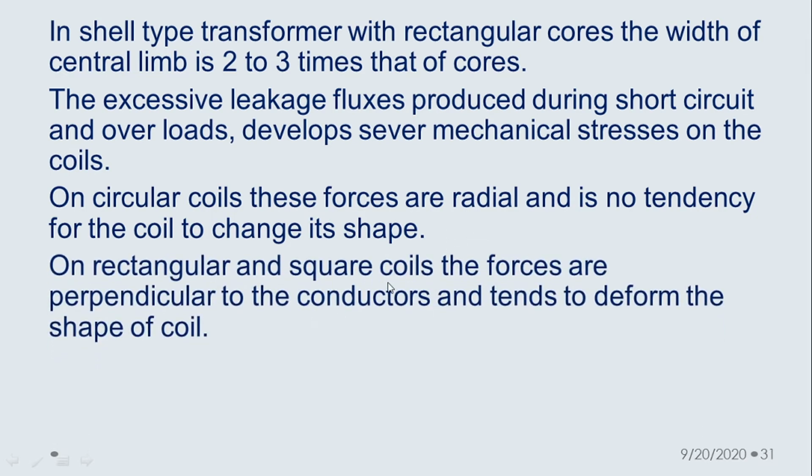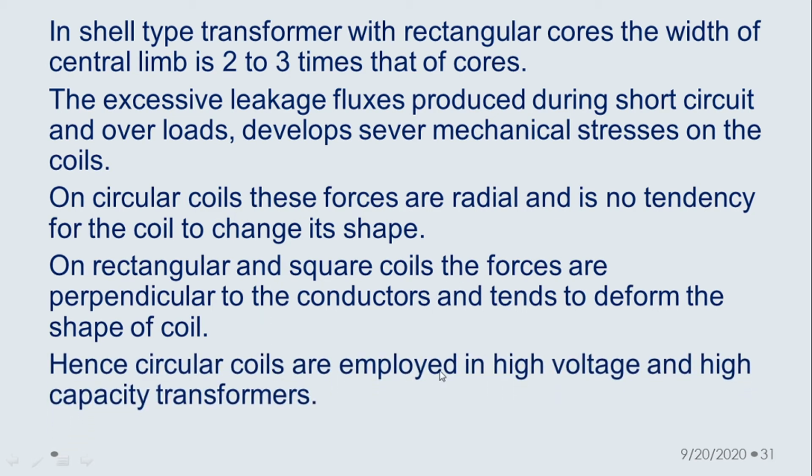On rectangular and square coils, the forces are perpendicular to the conductors and tend to deform the shape of the coil. So if you choose circular coils, then the forces are radial in nature, and they will not bend or change the shape of the coils. But if you choose rectangular and square coils, the forces are perpendicular to the conductors, and there is a change in the shape of the coils. So preferably circular coils are used in core type transformers.